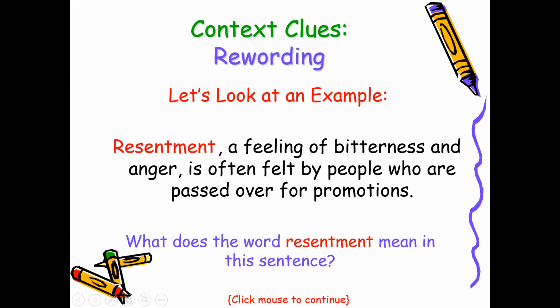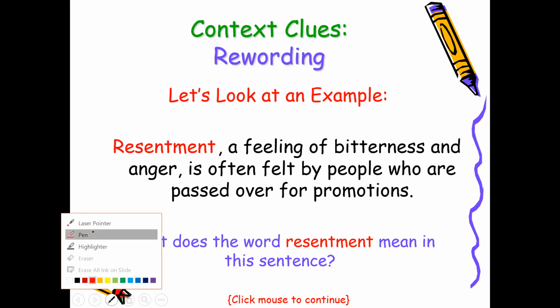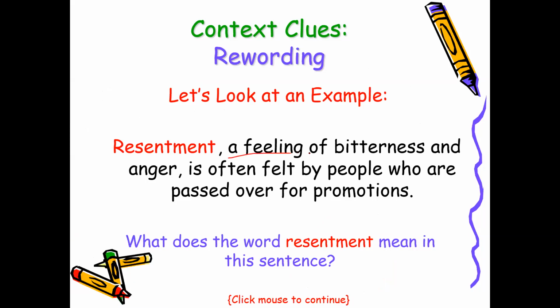Perfect. So in this sentence, a feeling of bitterness and anger is actually the definition of the word resentment. Now, this is rewording because the writer put it between 2 commas, right?